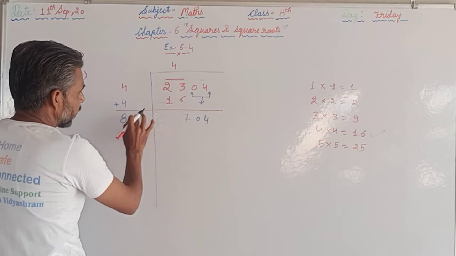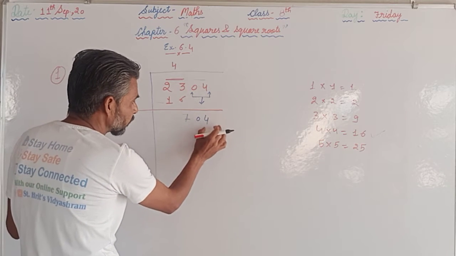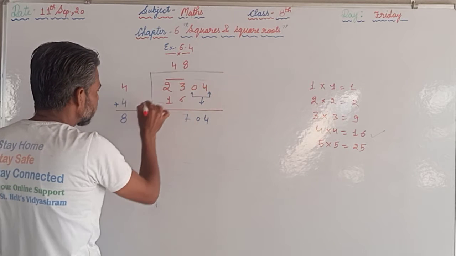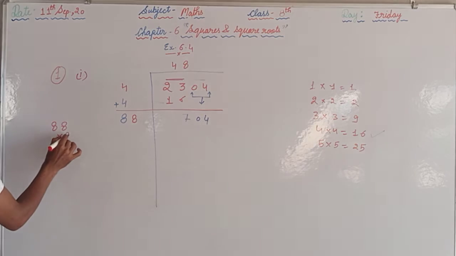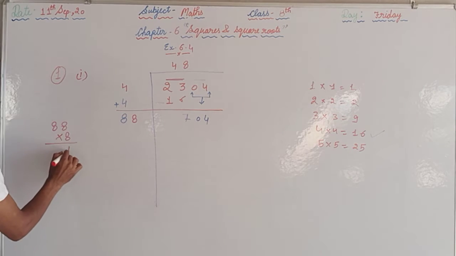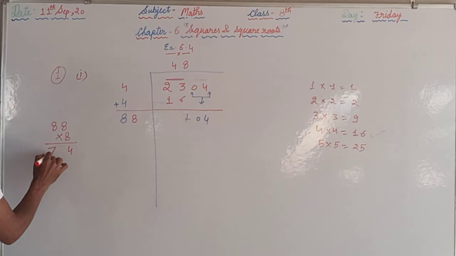I think we are supposed to write 8, because at the units place we have 4. So here comes 8 and here comes 8. So 88 multiplied by 8: 8 8s are 64, 4 and carry 6, 8 8s are 64, 64 plus 6, that is 70.